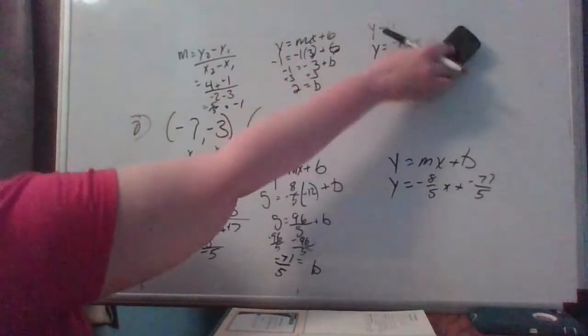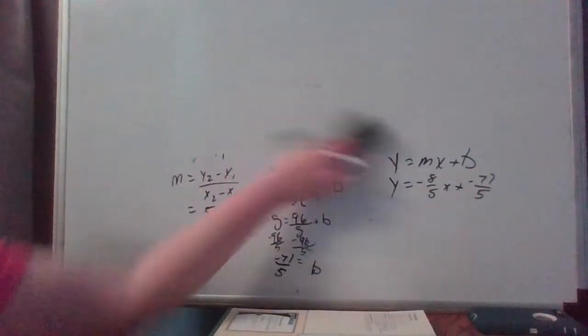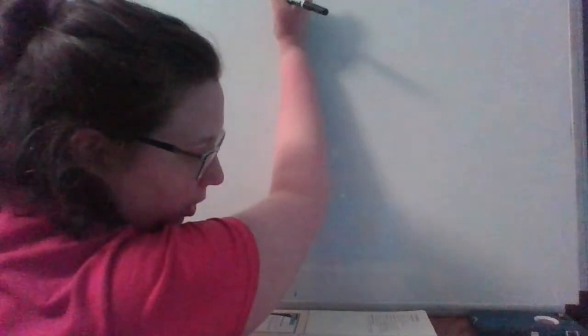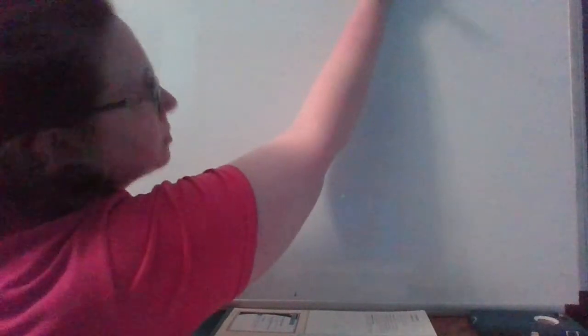The first thing that you're going to have to do here is look at these equations, figure out what your slope and your y-intercept are, and then you can go ahead and graph. So number 5, they give us the equation y equals negative 2x plus 1, and 6 is y equals negative 4x minus 1.